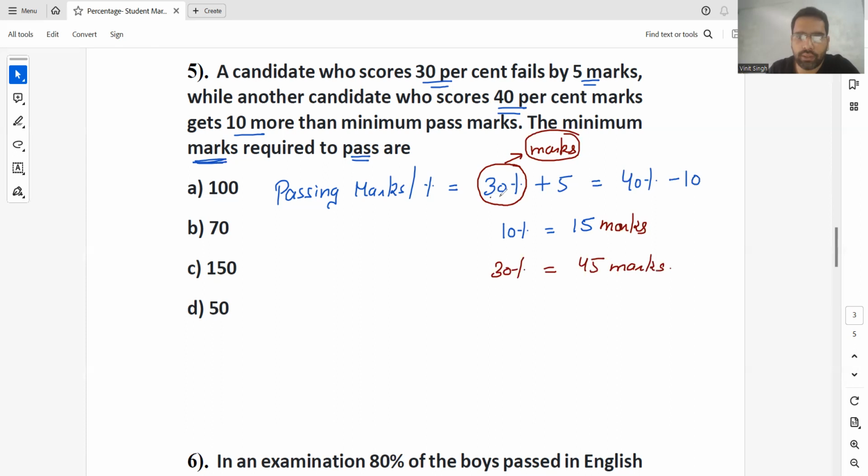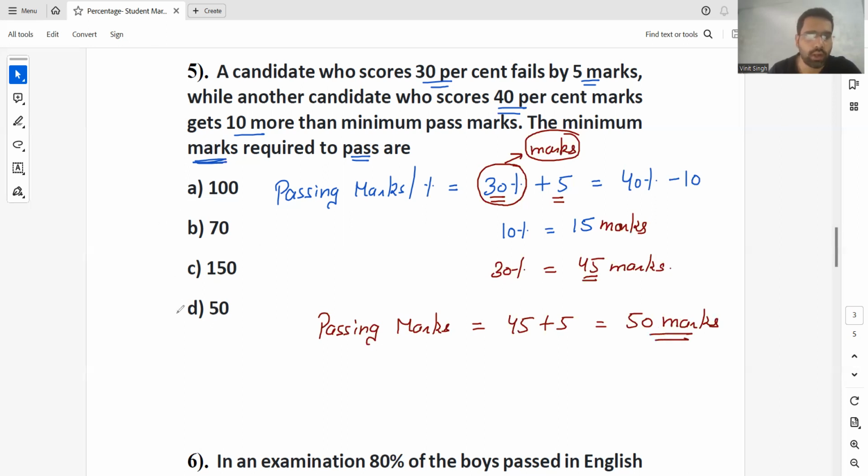If the 30% is equal to 45 marks plus 5 marks, so the passing marks is equal to 45 plus 5, 50 marks. So answer number D will be the right answer. So total passing marks will be 50.